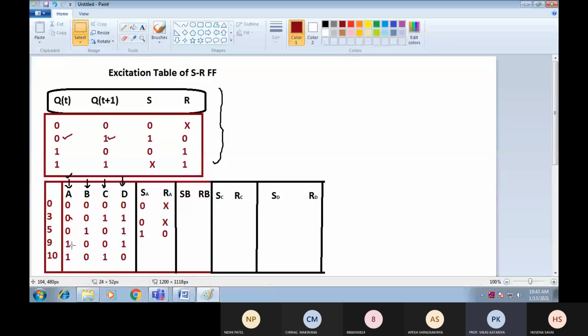Now this becomes the present state. So for every next input, the next value becomes the next state. So this becomes the present state and this becomes the next state. So 1 1. Now check the states.